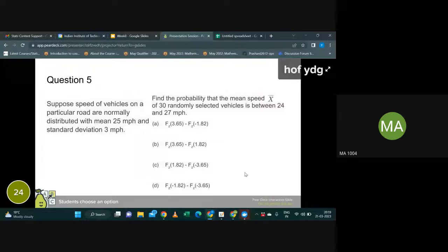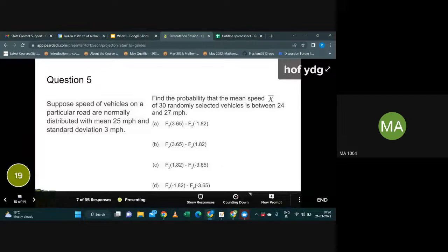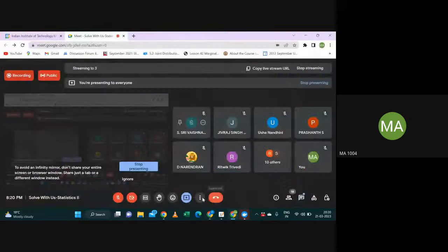After that, if you need, you can extend the time limit. Okay, so extra time limit.